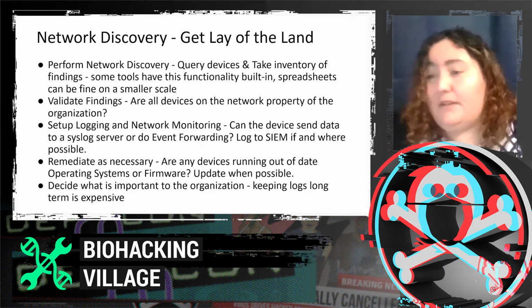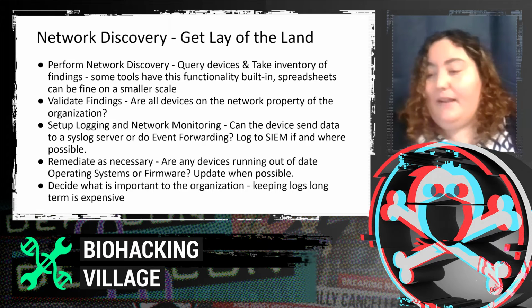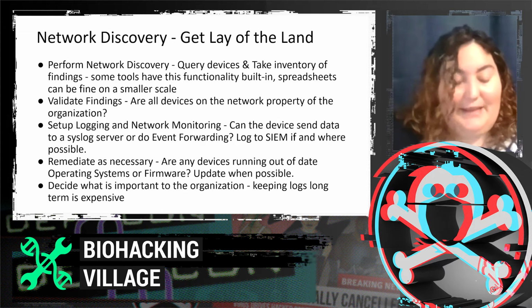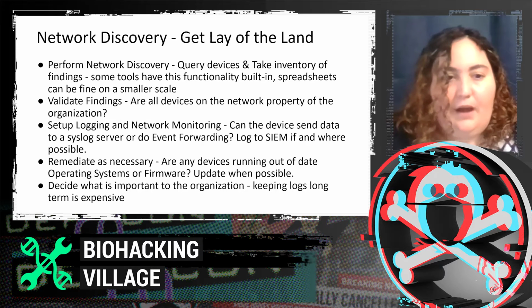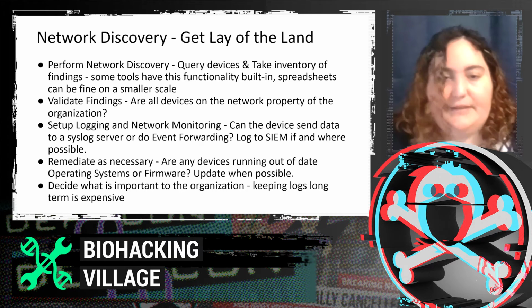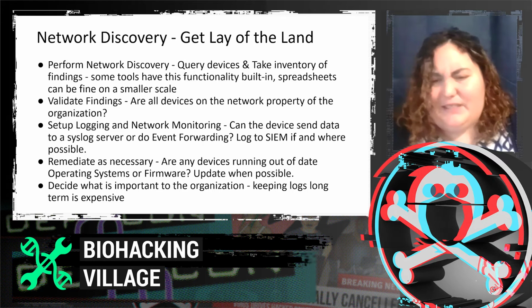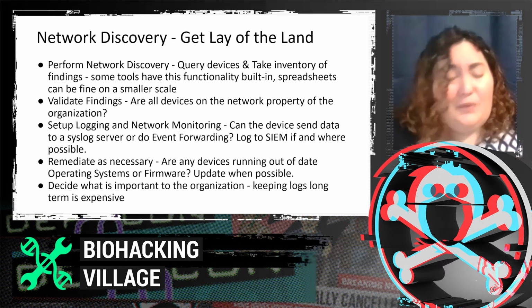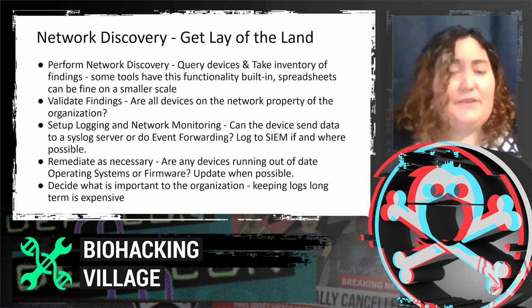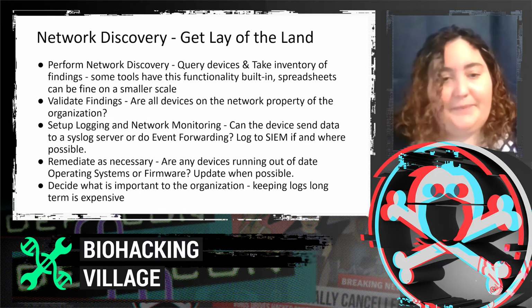And in this network discovery, you're going to find some items that are immediately glaring. They're going to be operating systems or firmware out of date. You're going to find just some simple vulnerabilities that come up, and you can remediate them along the way as you're doing your asset inventory.